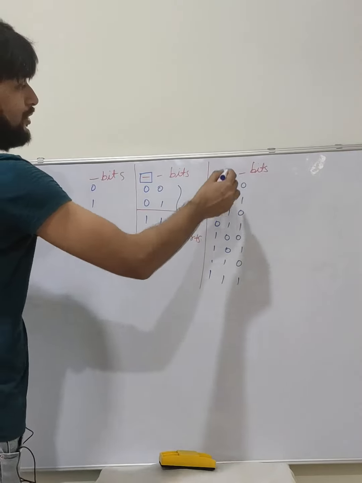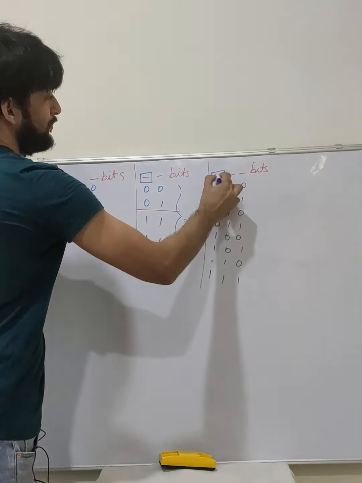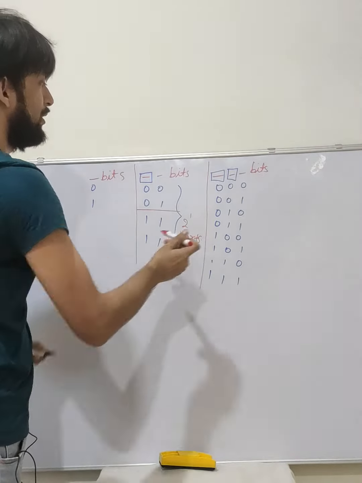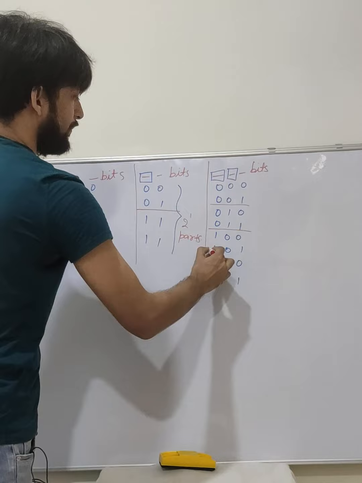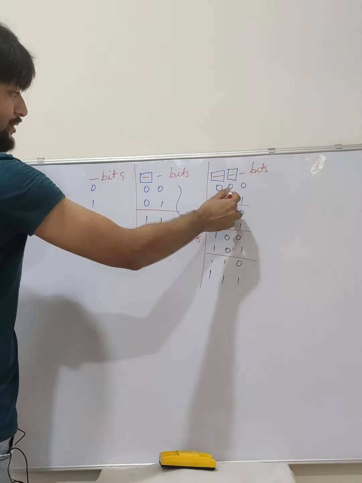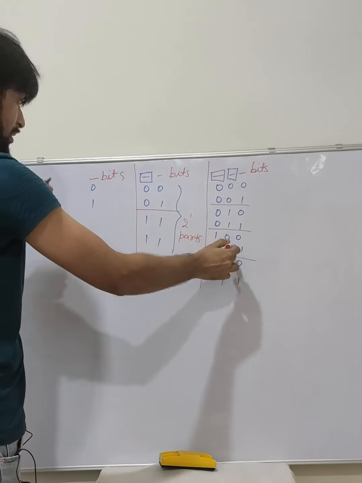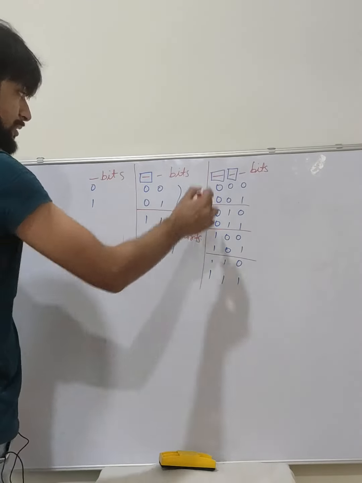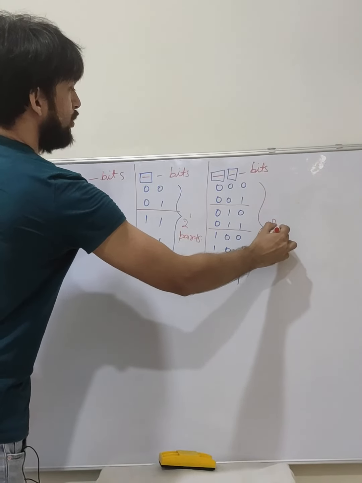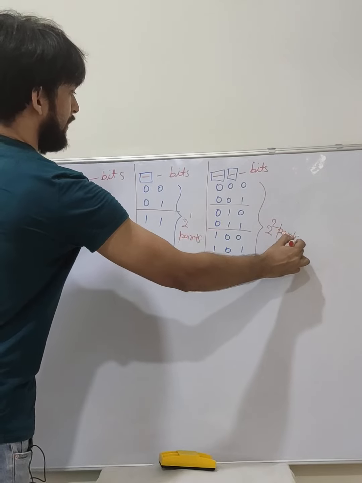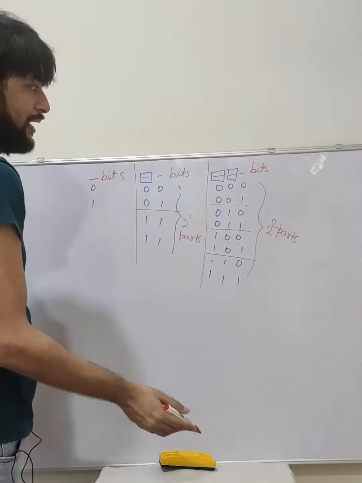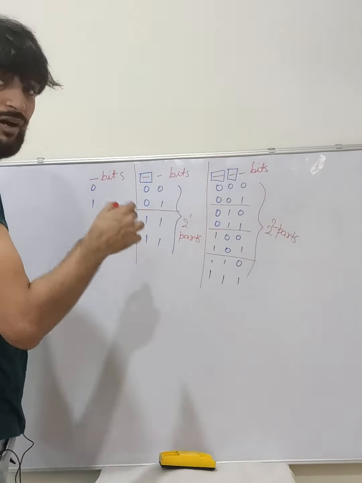Out of 3 bits, if I choose 2 bits, then the entire number space is divided into 4 parts. How? In the chosen bits, we choose 00, 01, 10 or 11, which is nothing but 2 to the power 2 parts. Similarly, if I choose 3 bits, then 2 to the power 3 parts. If I choose 4 bits, then 2 to the power 4 parts.